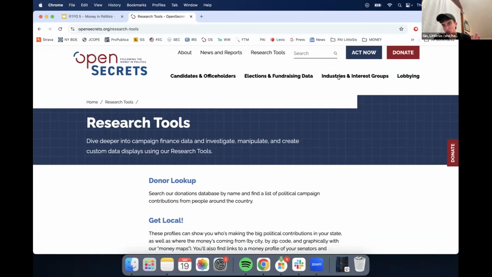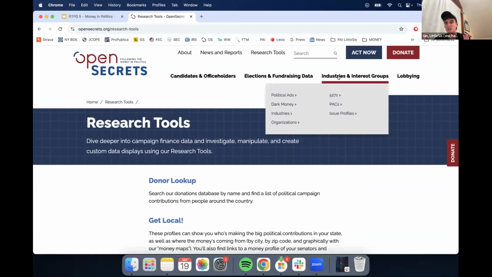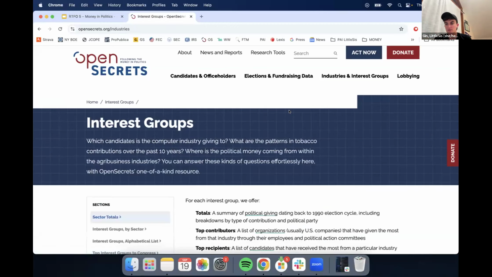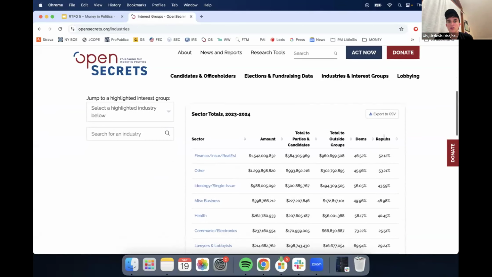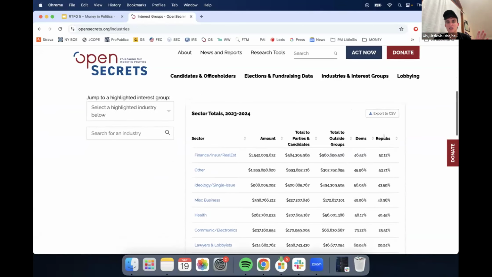The last thing I'm going to show, because I'm deeply out of time, is the industries and interest groups section. This is really interesting because I honestly think this is where Open Secrets shines, because they do a lot of work to take all of that employer information, and all that information of donations from corporate PACs, and code it by industry and category, and then combine it all into 13 primary sectors.